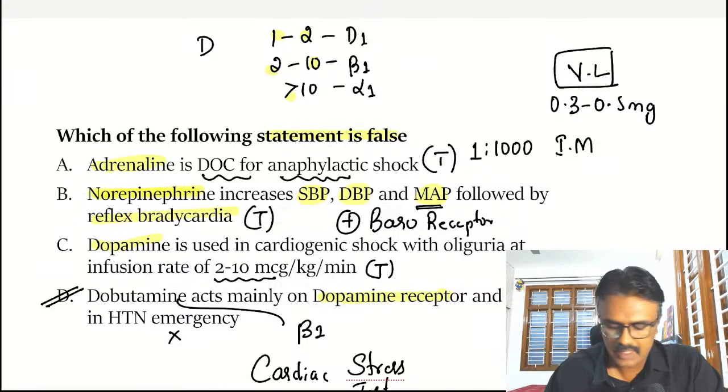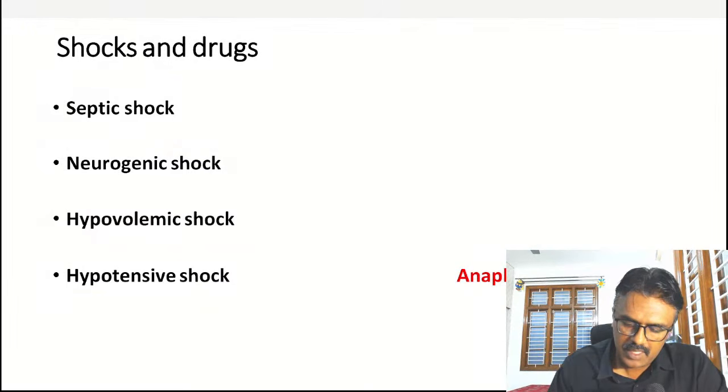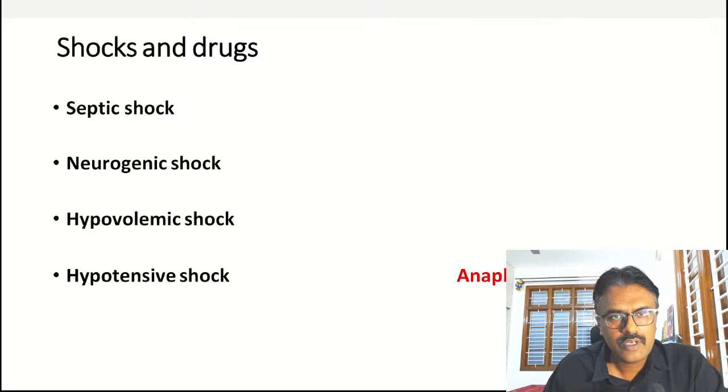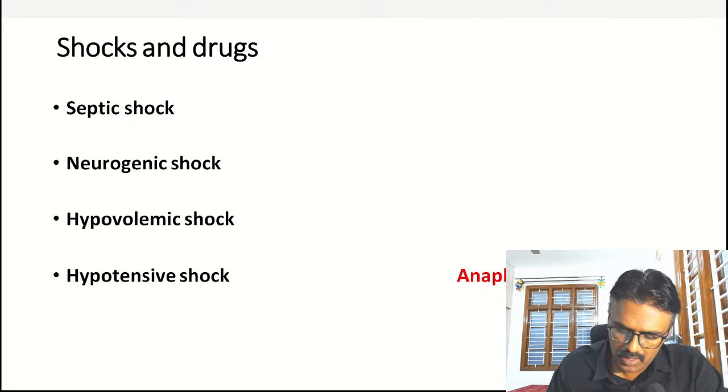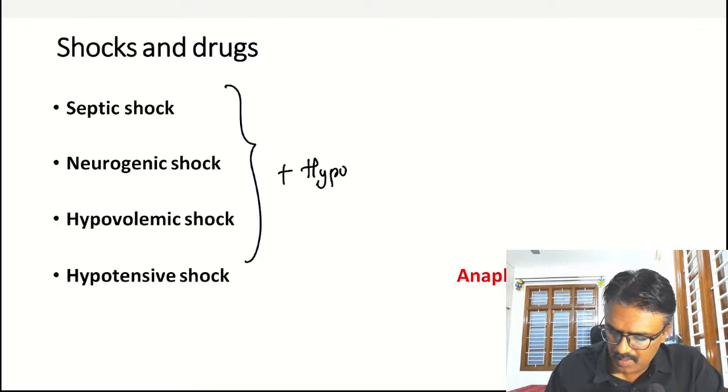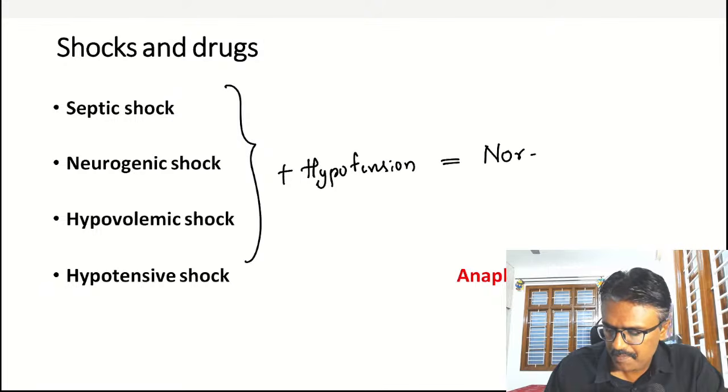But many a time they will ask you the drug of choice for shocks. For any shock with hypotension, which drug will increase the BP? The drug is noradrenaline.